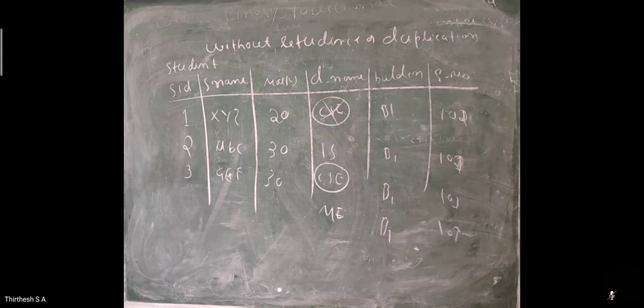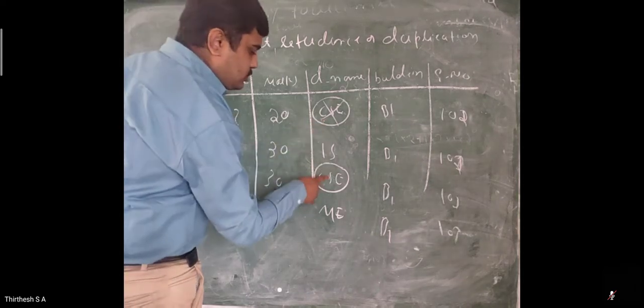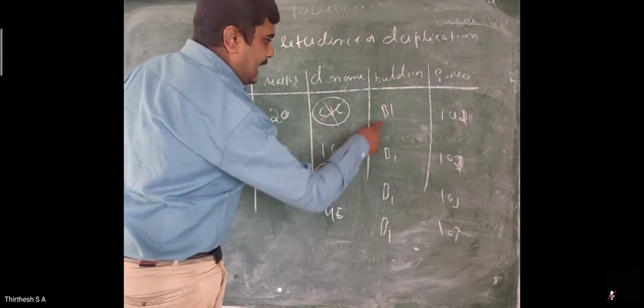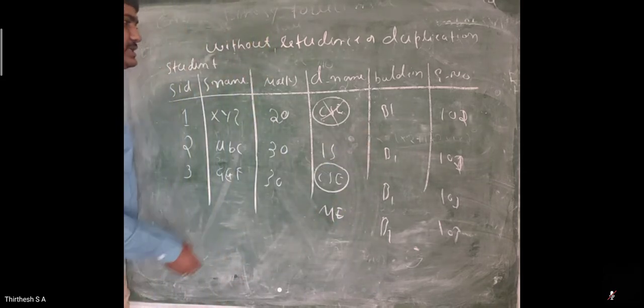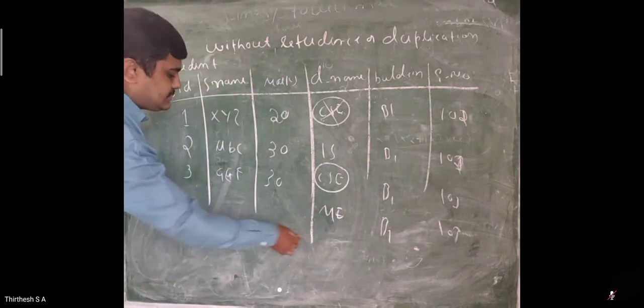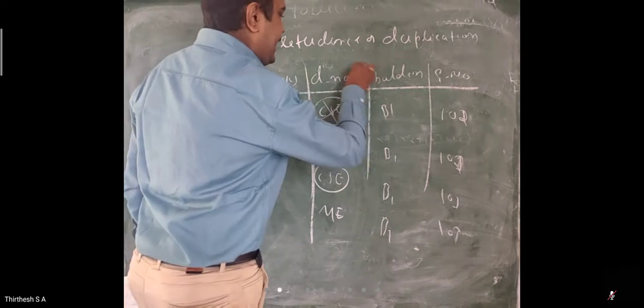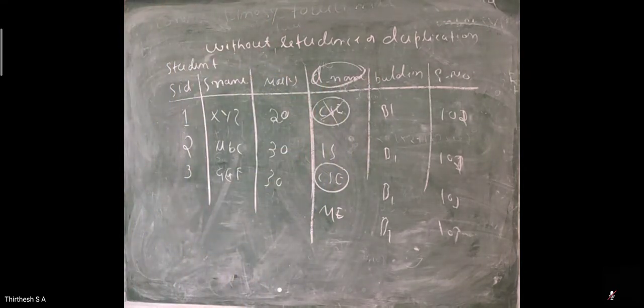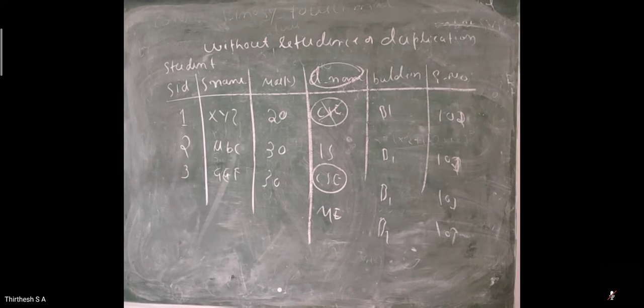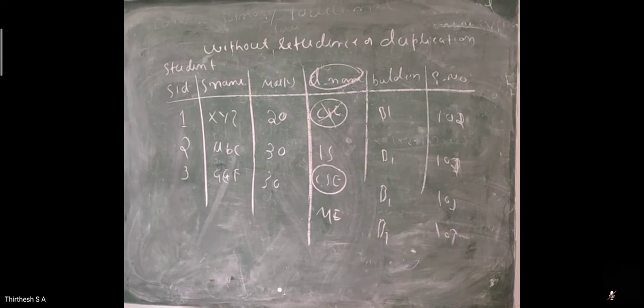Here, for example, we have CS and B1 twice. Only up to this point do we require it, and this part can be changed. A database is proper when duplications are all avoided; only then can you call your database a proper database. That is the process known as normalization.